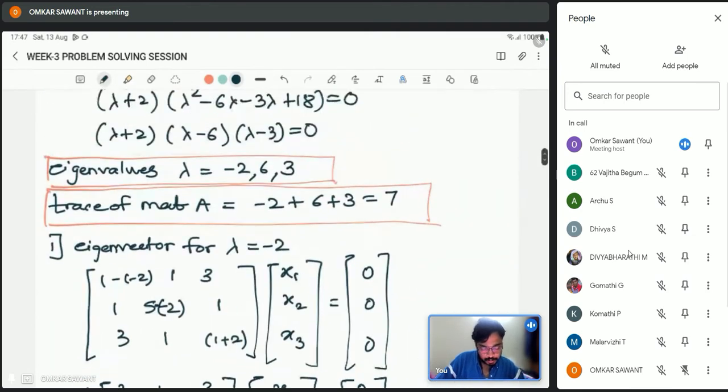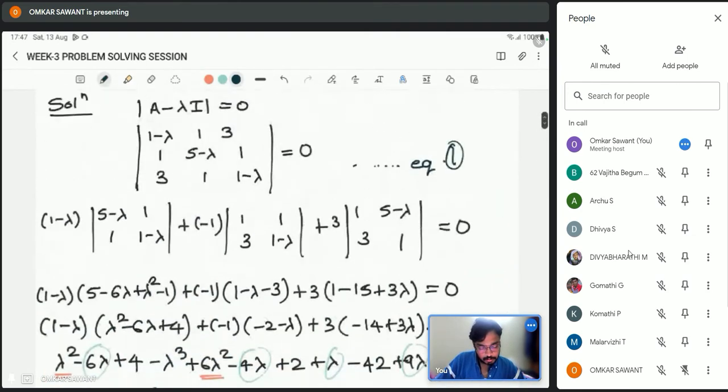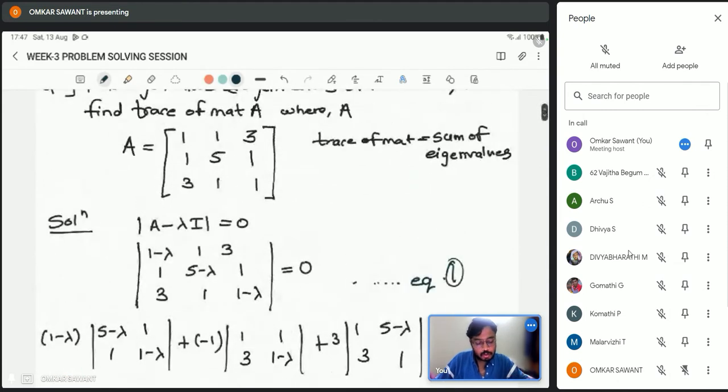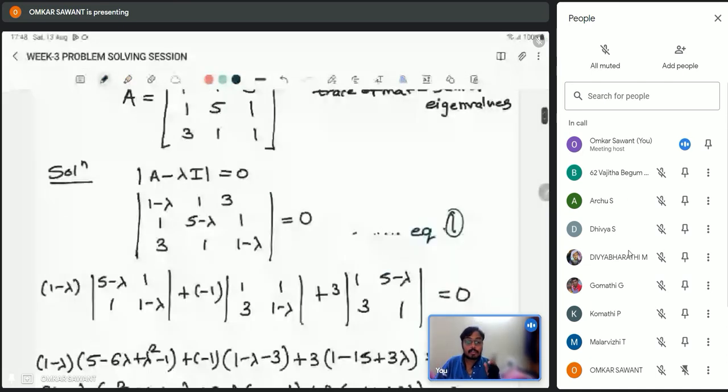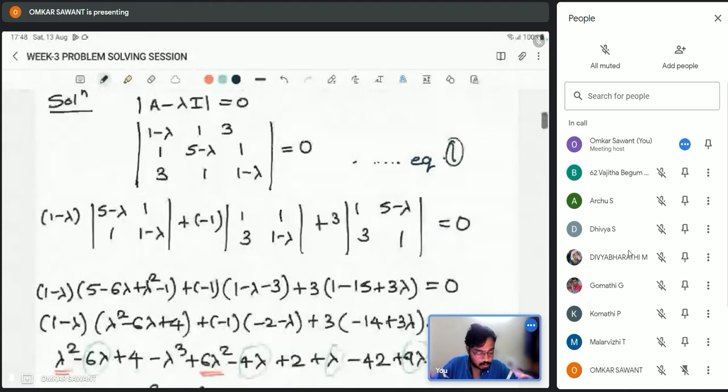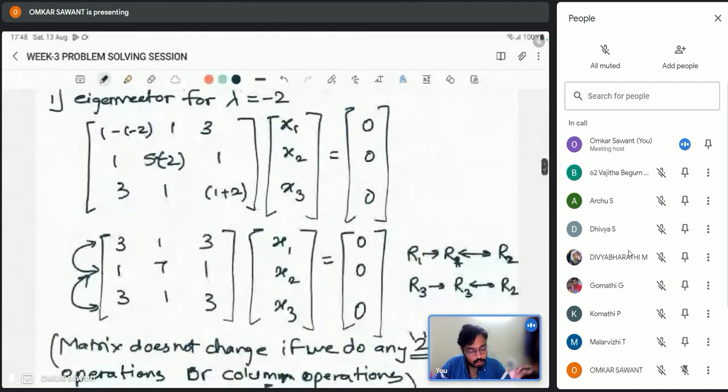We have this matrix. 1 1 3 1 5 1 3 1 1. So from the diagonal elements we will just subtract the eigenvalue. This will be the first step. We will subtract the eigenvalue for which you are calculating the eigenvector.